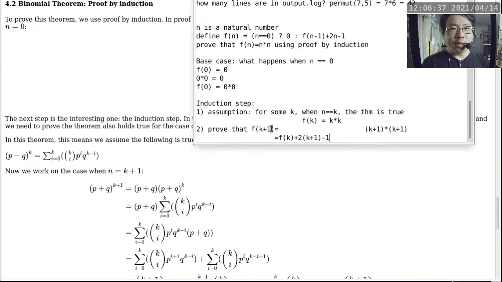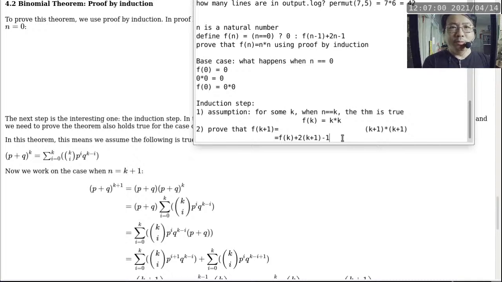Since k is at least 0, we know that we cannot use the constant 0 over here, and we have to use the recursive definition. Are we good with this step? Because if we're not good with this step, then it doesn't make sense to move on. Okay, all right, so we got at least one confirmation.